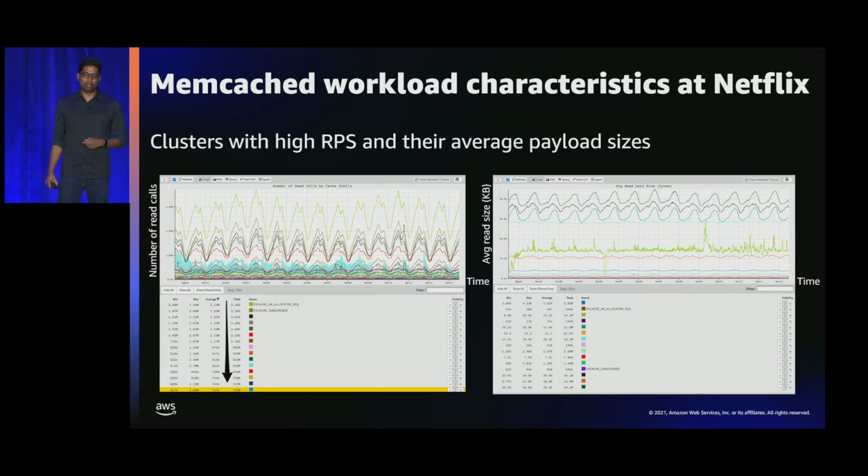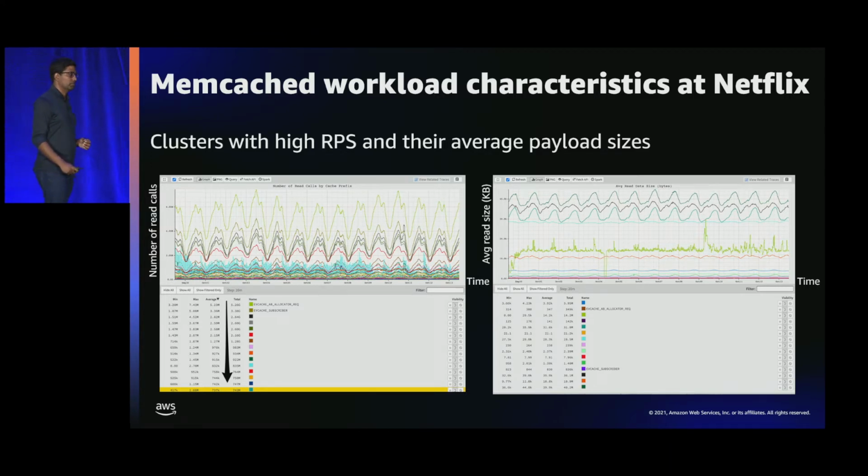This is, again, an interesting slide. On the left-hand side, we have listed the clusters based on the requests per second being served by those clusters, and they are in the order of several millions per second. On the right-hand side, for the same set of clusters, we are looking at the payload sizes, which are in the order of less than 500 bytes.